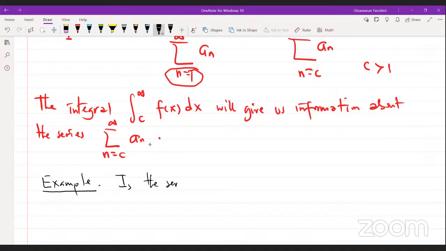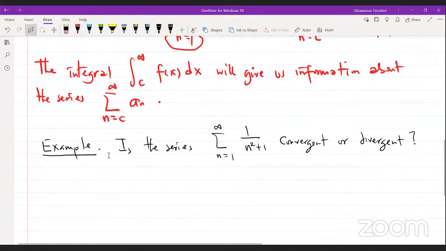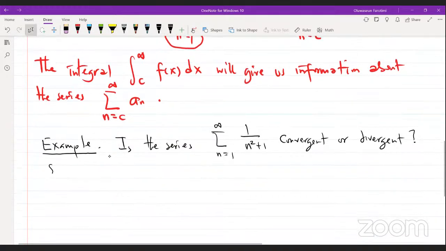Is the series, n goes from 1 to infinity, of 1 over n squared plus 1, convergent or divergent? So we're trying to answer the question, does it converge or does it diverge? Okay, let's see. So, solution.